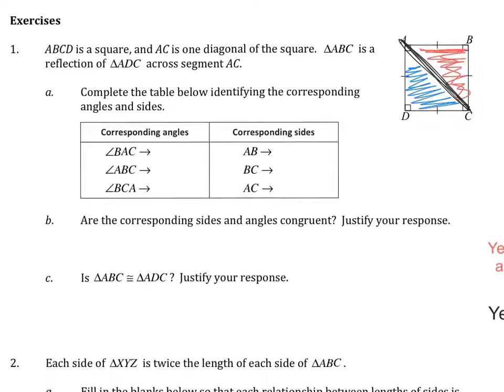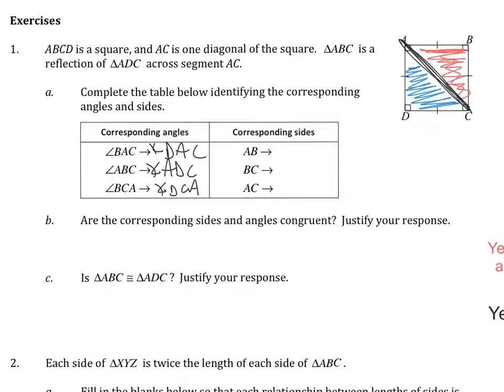So a couple of things are happening. First of all, the corresponding angles. Angle BAC goes with angle DAC. Angle ABC goes with angle ADC, and angle BCA goes with angle DCA.